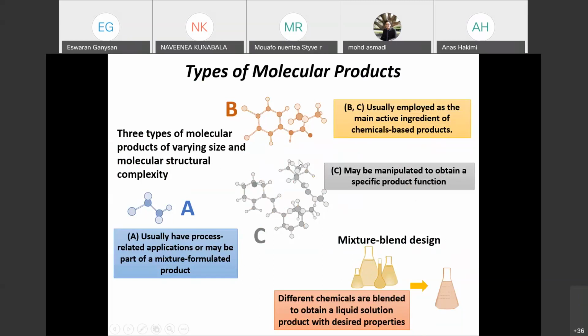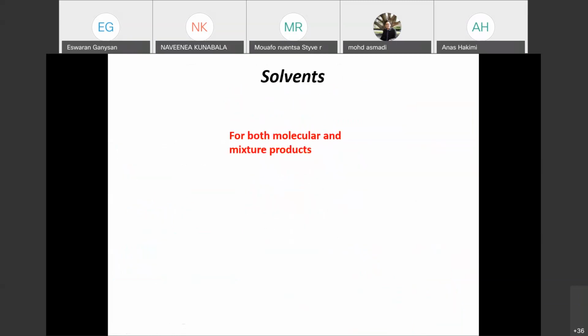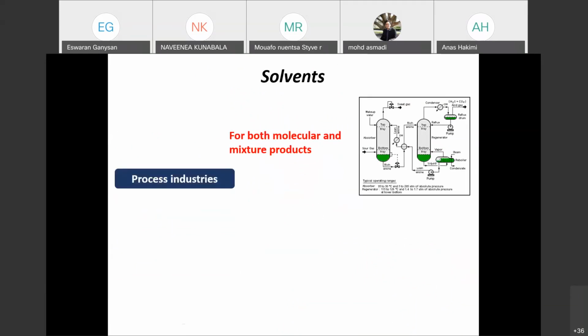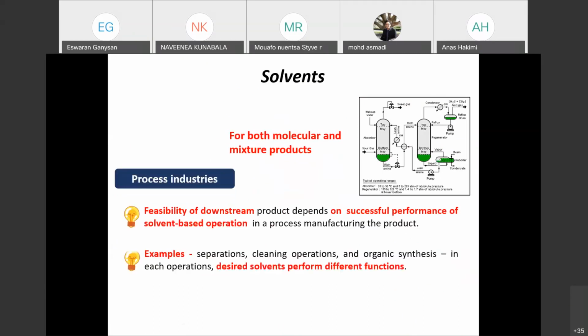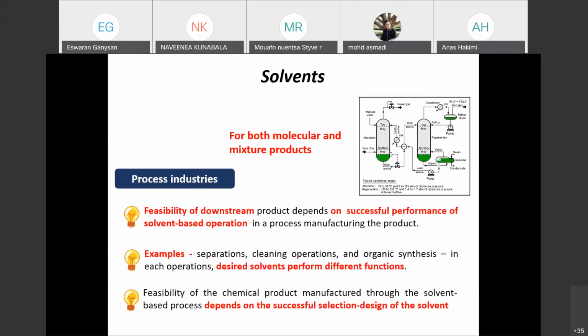So let's see an example of the application of these molecular products. Generally for solvent, this is a good example for both molecular and mixture products. We can employ it in the process industry as well as in chemical based products. For example, in solvent-based operations, we can use it in separation, distillation, cleaning operations, and also organic synthesis.